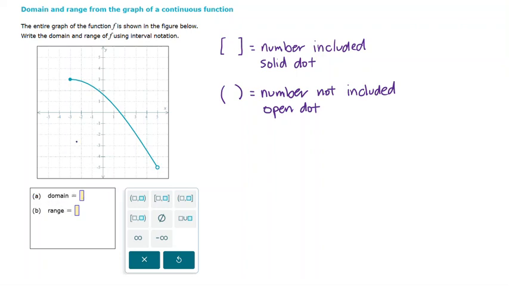When we're looking at domain, we're looking at possible x values. And when we're looking at range, we're looking at possible y values.